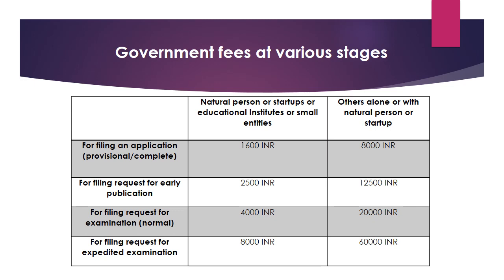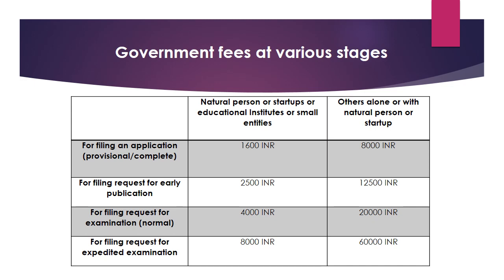Even if you have a startup certificate or a small entity certificate, and also educational institutes. So now after September 25th, educational institutes are also included in this category. If you are filing in any of these categories, the fees would be 1600 rupees.